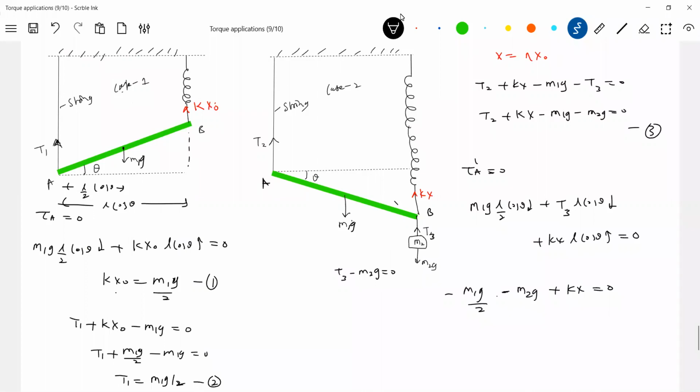I'll substitute that kx naught value here, we'll get m2. I think the problem has no need of equation 3. Substitute x in terms of x naught, then you'll get kx in terms of m1g, substitute, you'll get m2 in terms of m1. Answer will be 2 kg.